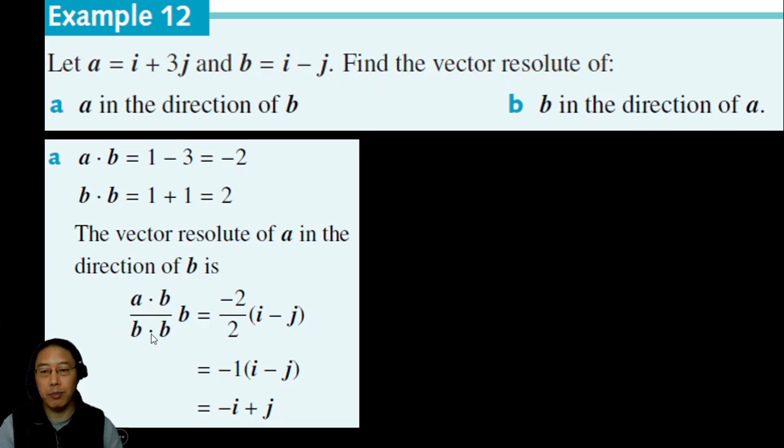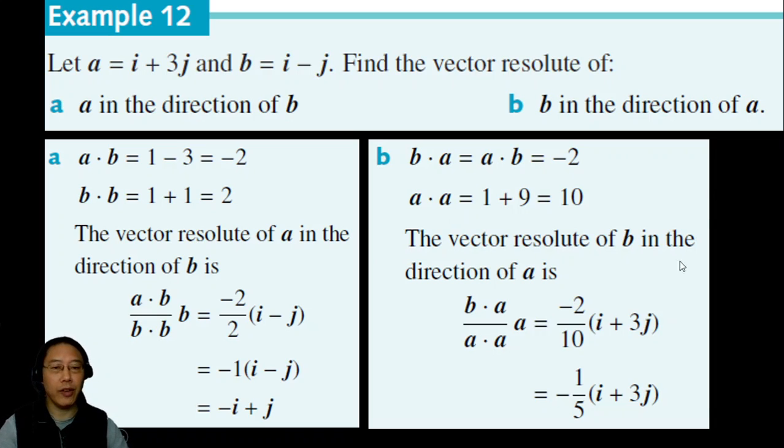So A dot B over B dot B times vector B, and that gives you your vector. Just verify this vector has to be parallel to B. If I multiply that by -1, it's equal to B, so it's actually in the opposite direction, but it's parallel.